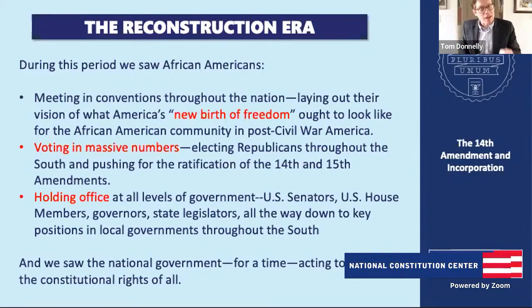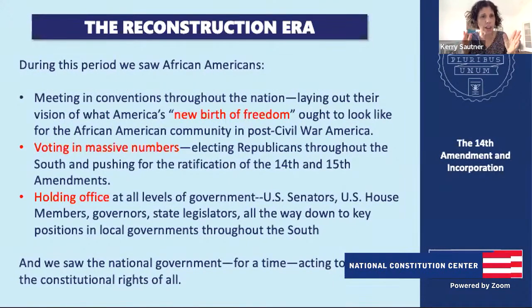Reconstruction was initially the beginning of this rebirth of America, but then a push back in the other direction, and a push towards Jim Crow that would require generations upon generations thereafter to fight back against, defeat Jim Crow, and reaffirm the promise of the Reconstruction amendments that we put into the Constitution right after the Civil War. So amazing triumphs and tragedy as you look at this over 150 years.